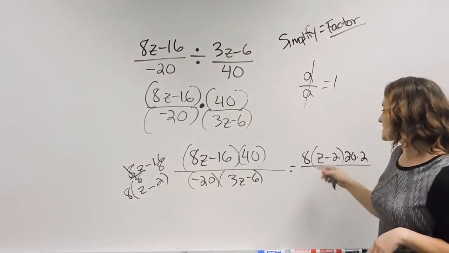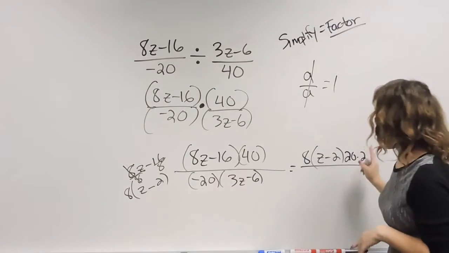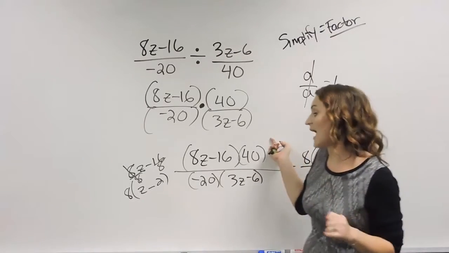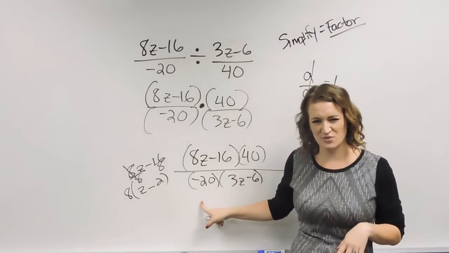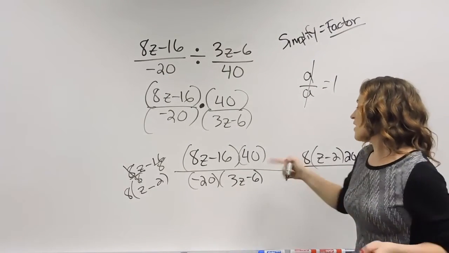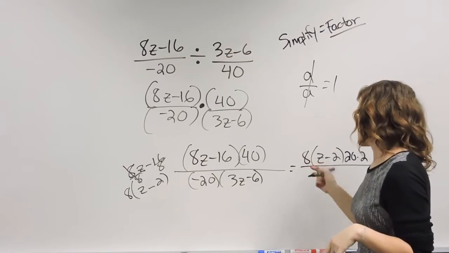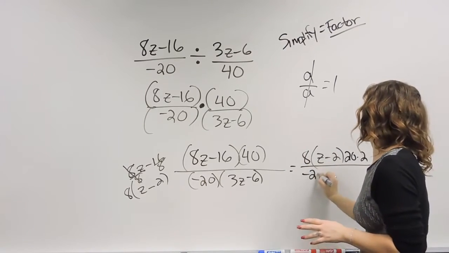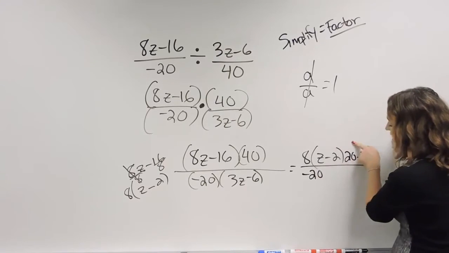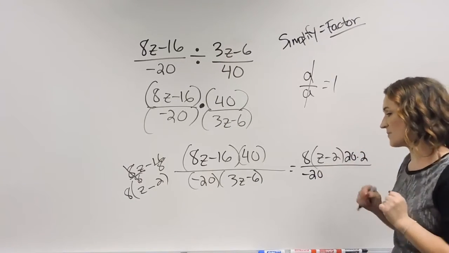Because I see that 20 there, I'm going to keep this 20 in the numerator alone, because I know it's going to end up canceling with this one down here. Otherwise, going down to my denominator, I'm just going to keep that negative 20 as is, because now I see I have the same thing in the numerator as I have in the denominator.